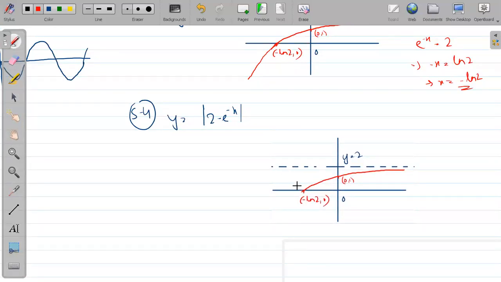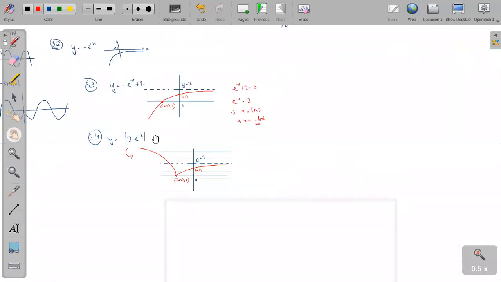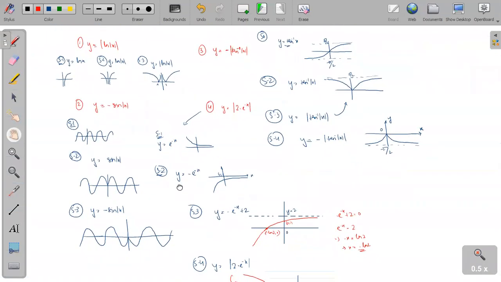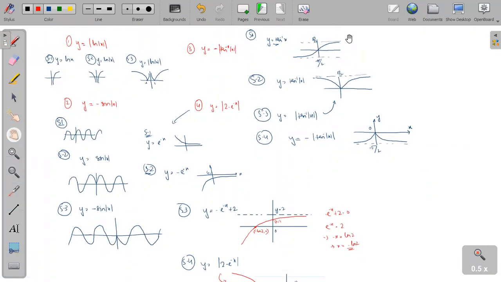I'm drawing it here. So this part is taken as an image like this. So this is the graph of the required function. The final function is this one only. This is the final function. Just check out all the graphs and see if you understood or not.